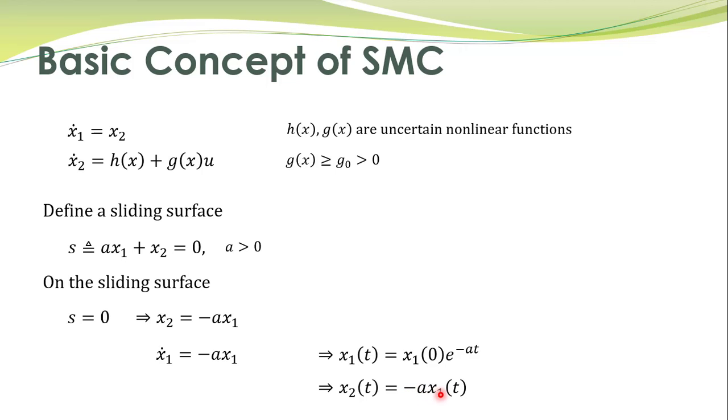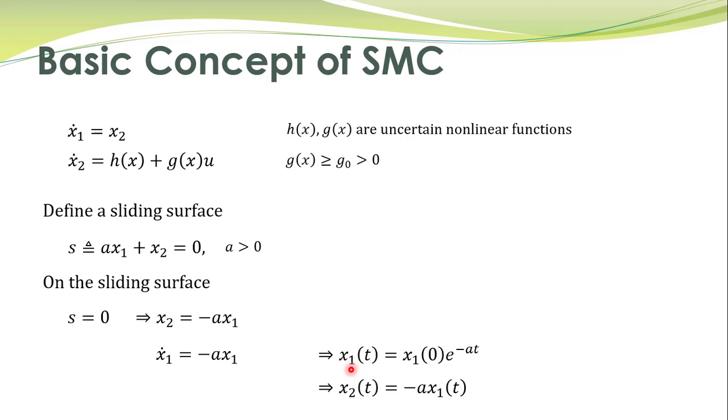So what does that mean? If we can somehow ensure s equal to 0, then system trajectories will converge to the equilibrium point at the origin, that is, the system is stable. And furthermore, there is another very important point.